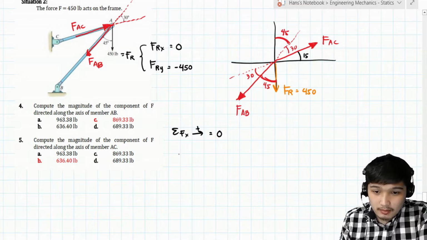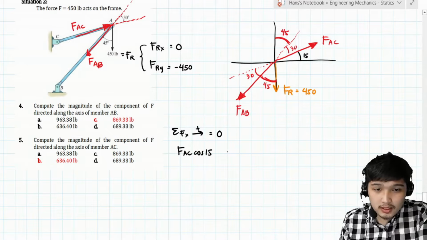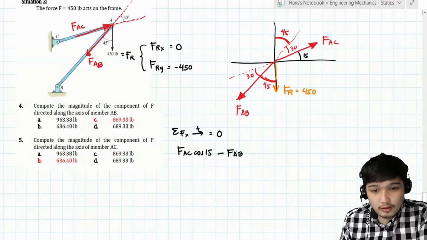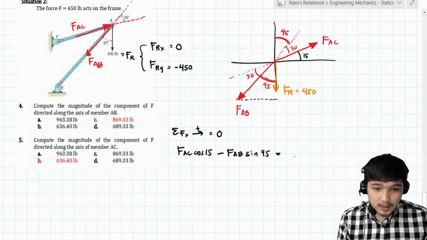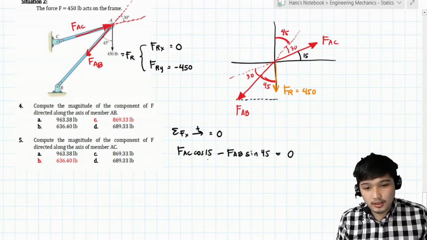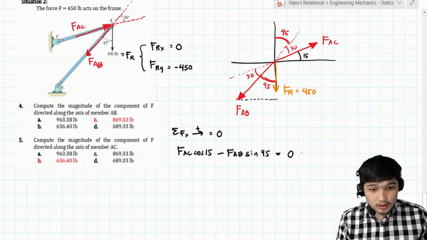So, therefore, lalabas FAC towards the right, cosine of 15, and then yung FAB negative. So, anong angle gagamitin ko? Ito na lang 45. So, kung yan, horizontal, sine 45. So, sabi natin dapat magsi-zero. So, in that case, naka-generate tayo ng one equation involving two unknowns.